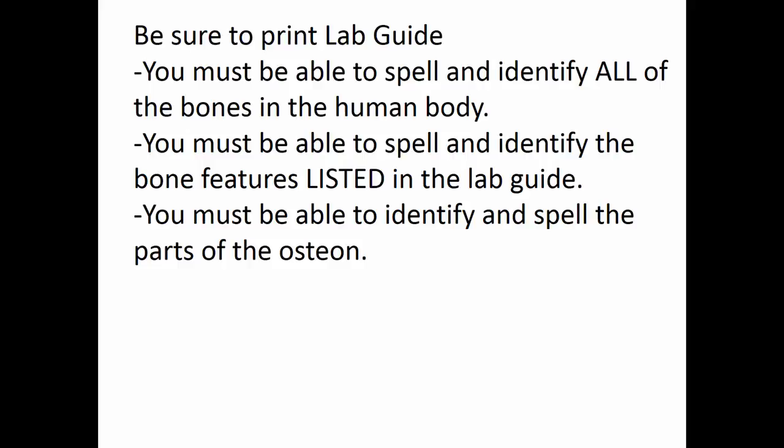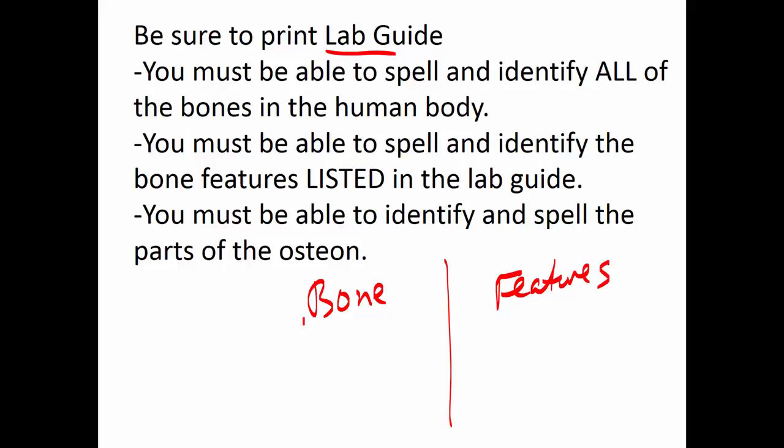All right, so just as a reminder, as you're going through your lab videos, make sure you print out the lab guide. The lab guide has two tables. You have bone names and bone features. Okay, so you need to be able to identify each and every bone and be able to spell it, and you have to identify the features.